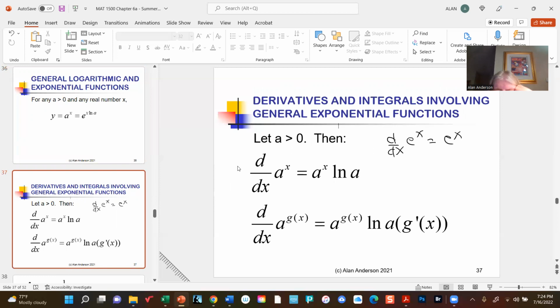And then, as we've just seen, here we have e to the g of x, g prime of x. But because this is a now, the result is similar, except for this. This is the extra bit we need because we do not have the natural log. Other than that, they're the same.